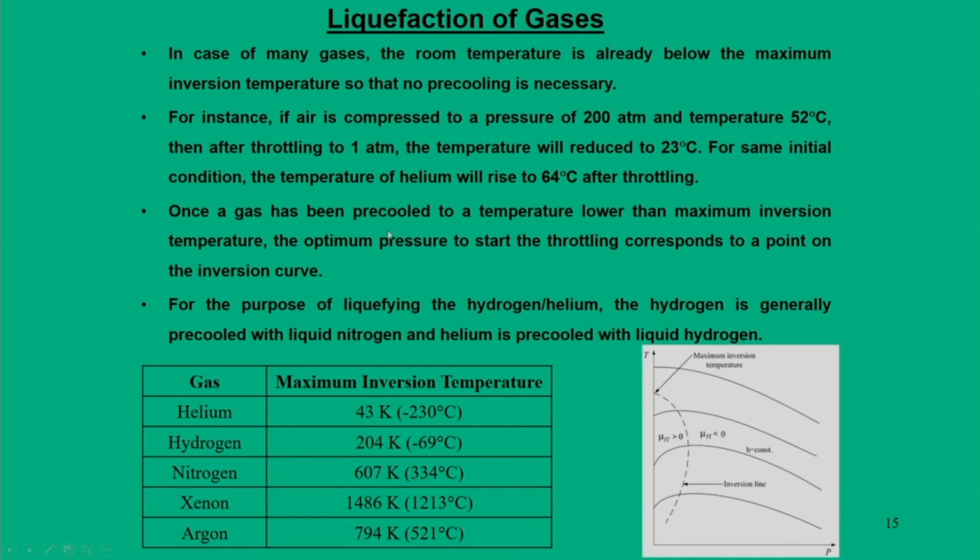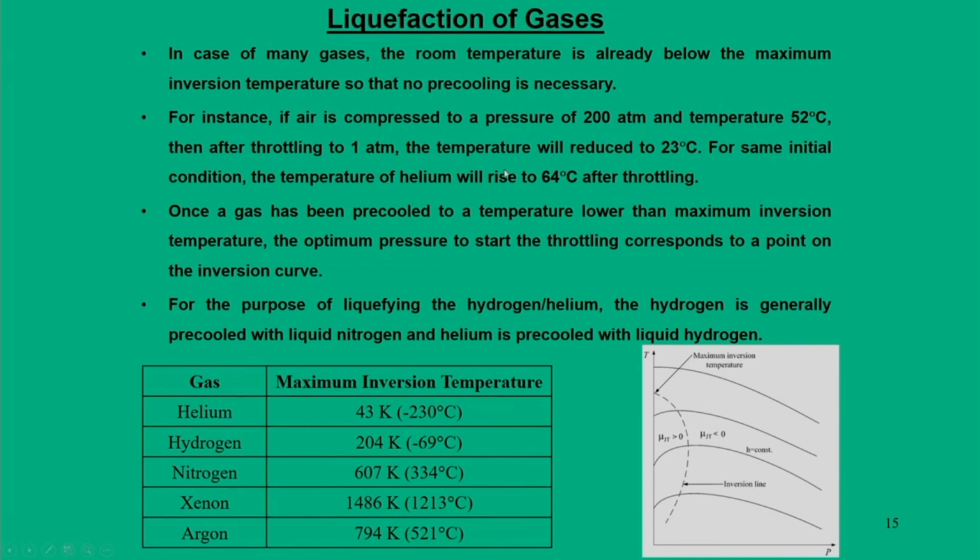So, what does this signify? If air is compressed to a pressure of 200 atmosphere and 52 degrees centigrade, and then we throttle this air to 1 atmosphere, that means we are reducing the pressure. Subsequently, for these initial conditions the air temperature will be reduced, that means we get a cooling effect.